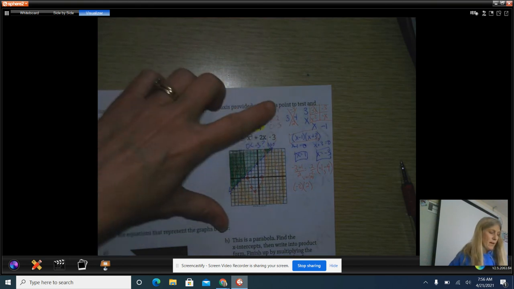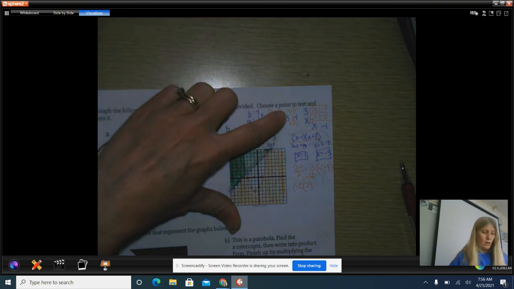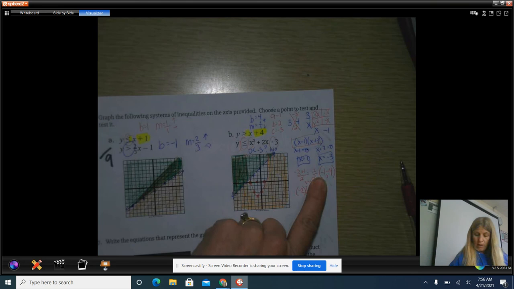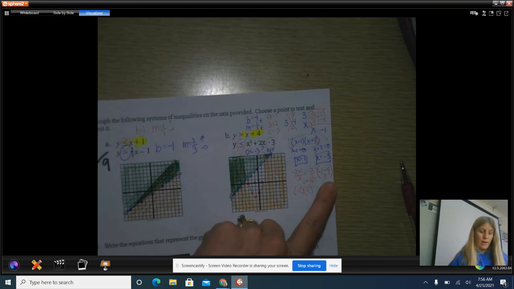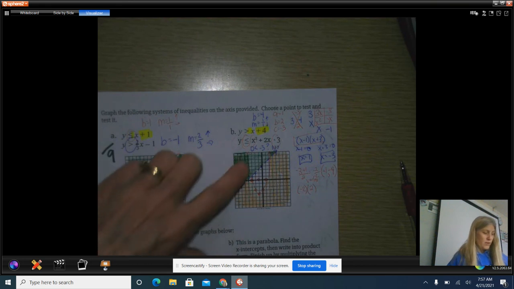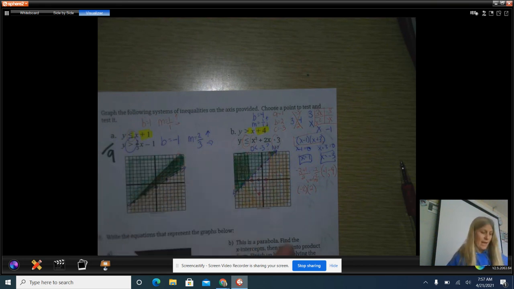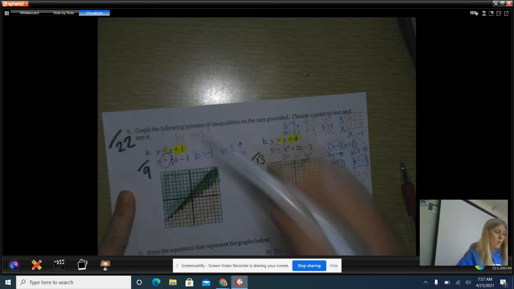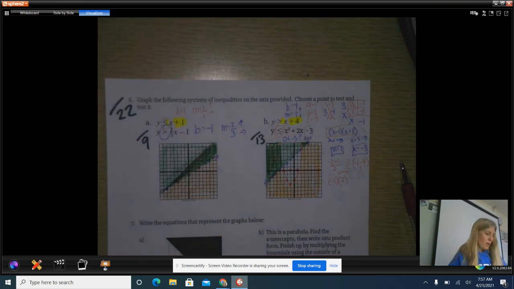For the parabola, we have 1 point for your diamond problem, 1 point for your generic rectangle, 1 point for your product form, 1 point for each root, 1 point for your x of your vertex, 1 point for your y of your vertex, and 1 point for your solid line, and 1 point for shading on the outside. So that giant guy is worth 13 points, which means problem number 6 is worth 22 altogether.